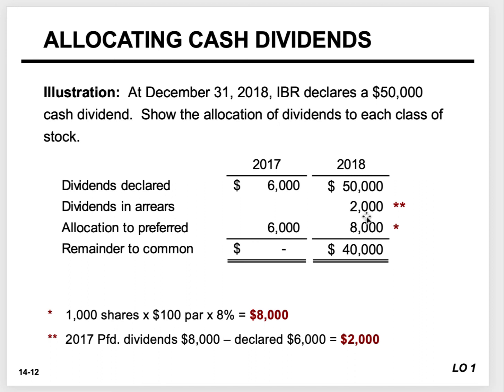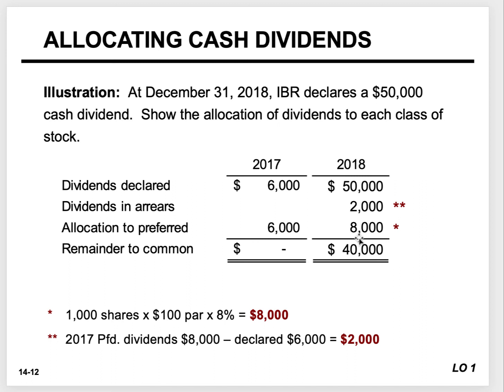Okay? From that, I need to allocate the current cash dividend to the preferred shareholders. Well, we already know I owe them $8,000. How do we know that? Again, number of shares, 1,000 shares, times the par value of $100 per share, times the stated rate of 8%.